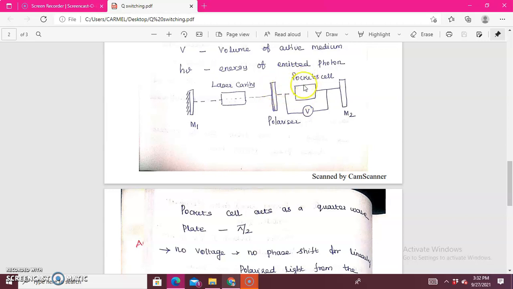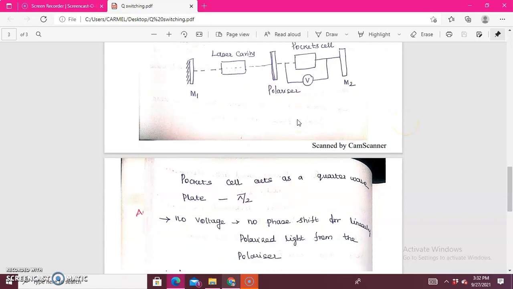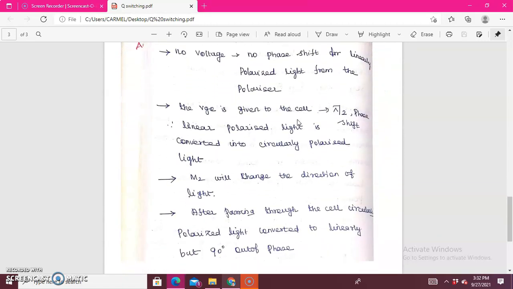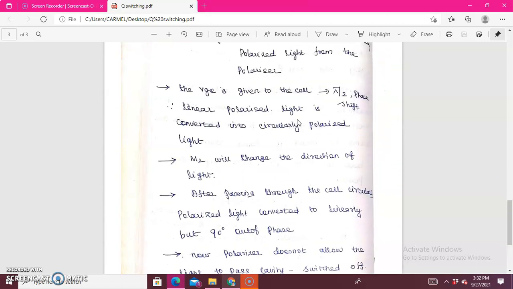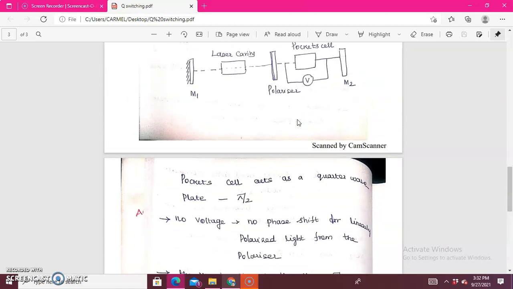That is the reason they keep the Pockels cell as well as the polarizer between M1 and M2. So you can generate nanosecond pulses of high energy with peak power. That is the main advantage of the Q switching technique.